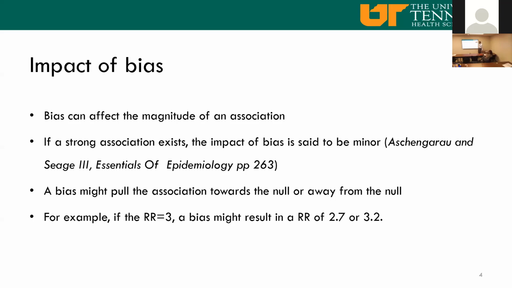So when we say towards the null, for example, if we are comparing two means, the null is where the difference between the two is 0. So pulling the association towards the null means the effect size or the magnitude of the difference gets closer to 0. Away from the null means it's farther from 0, towards the positive or negative.